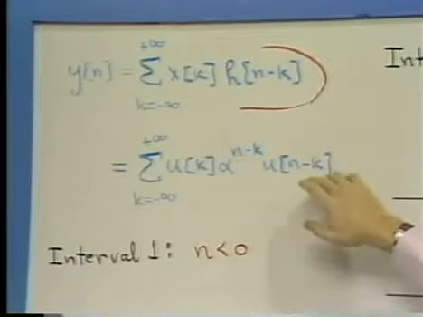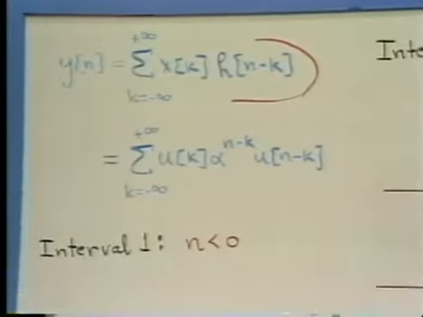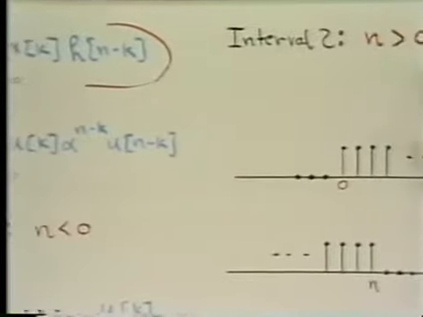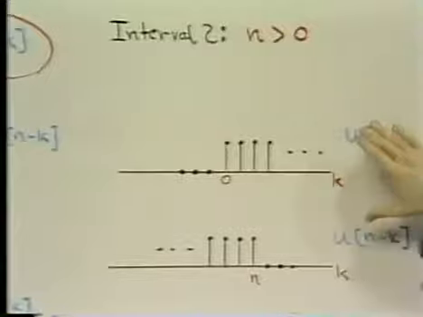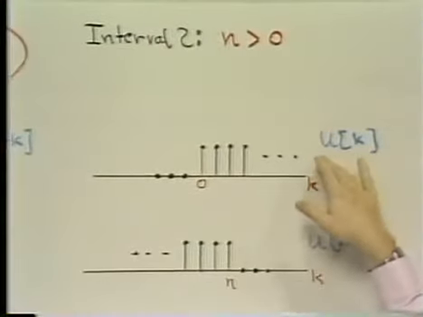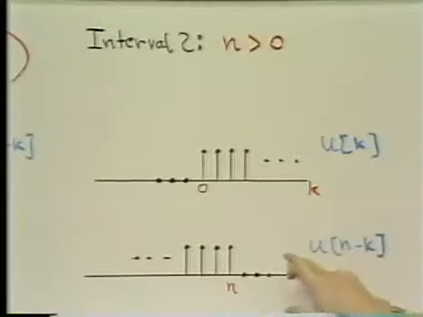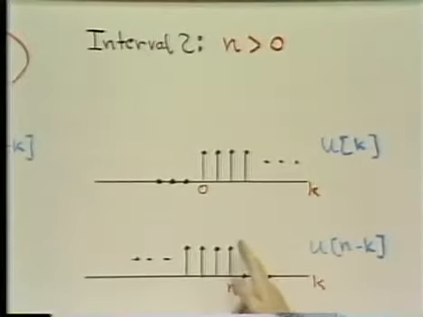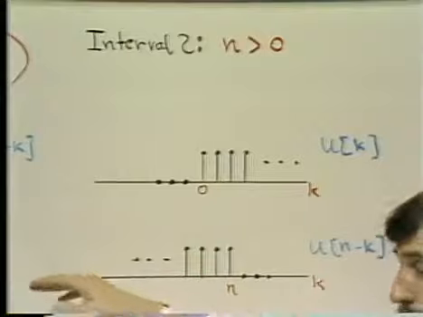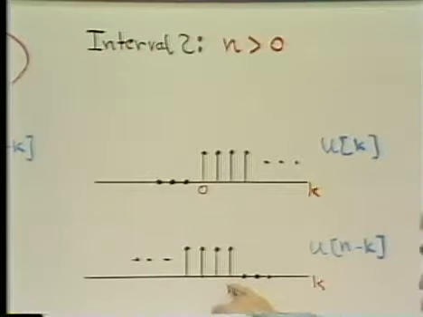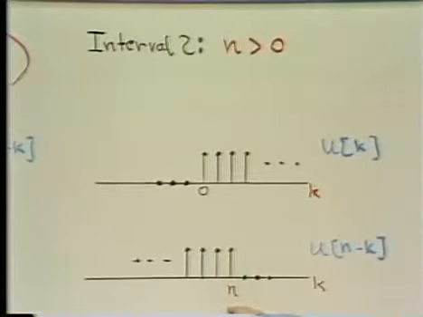So for interval 2, corresponding to n greater than 0, we have u of k, the unit step. We have u of n minus k, which is a unit step going backward in time, but which extends for positive values of n.